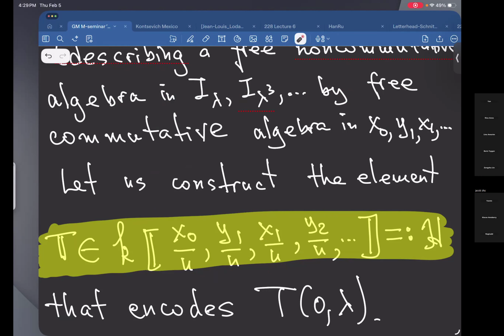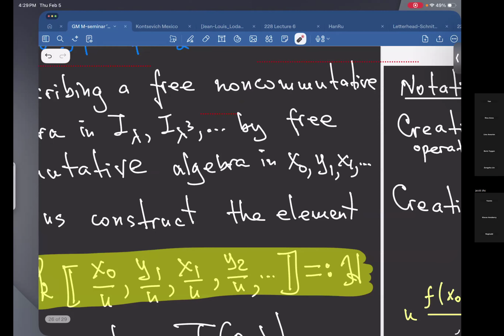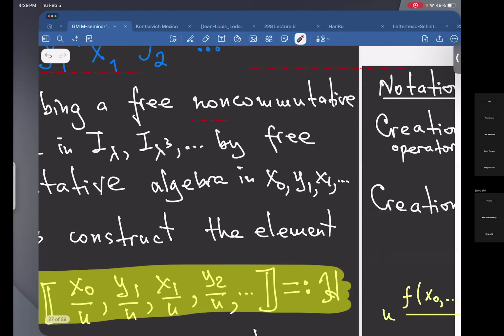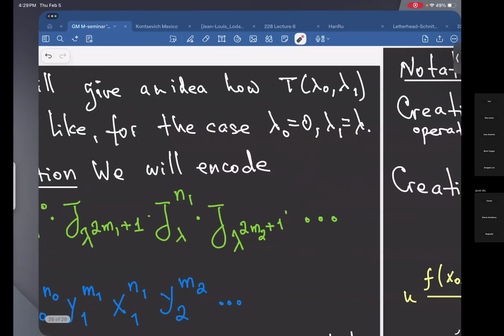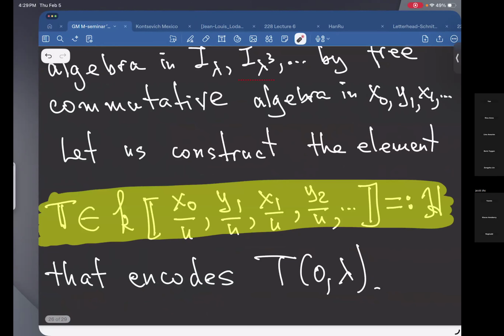Infinite sums of them. What kind of infinite sums? Sorry, Boris, so X and Y commute? Okay. Yeah. X and Y commute is just, again, a bookkeeping device.